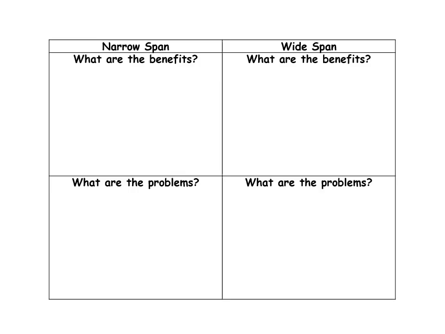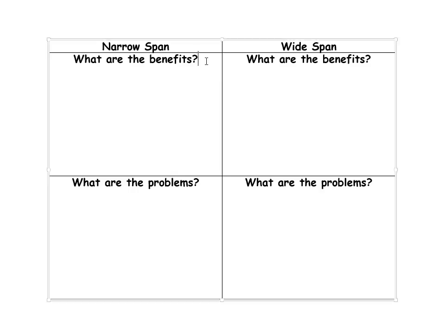So what are the benefits and what are the problems of these narrow and wide spans of control? So if you've got a narrow span of control, maybe you can have closer supervision, and that could be good if you have maybe newer staff or maybe less skilled staff who need training.